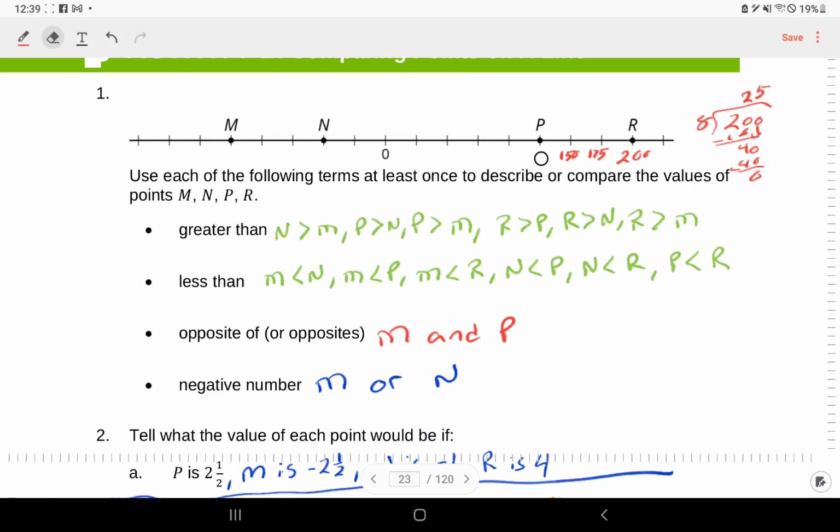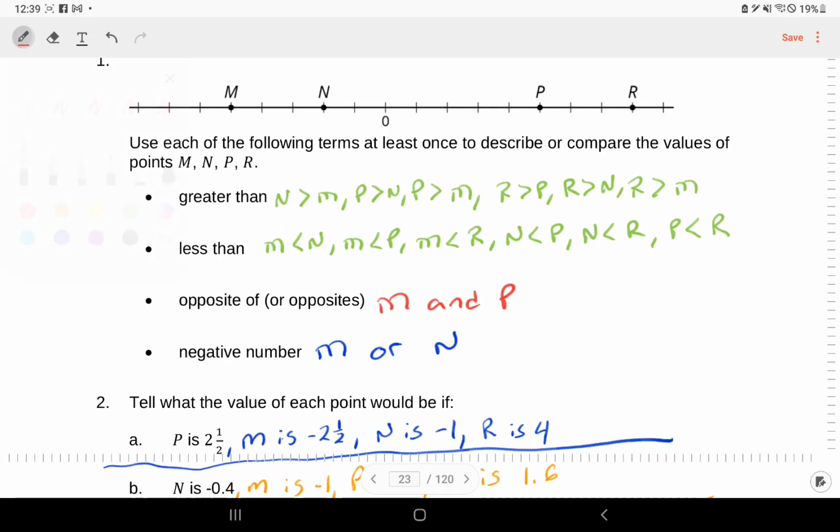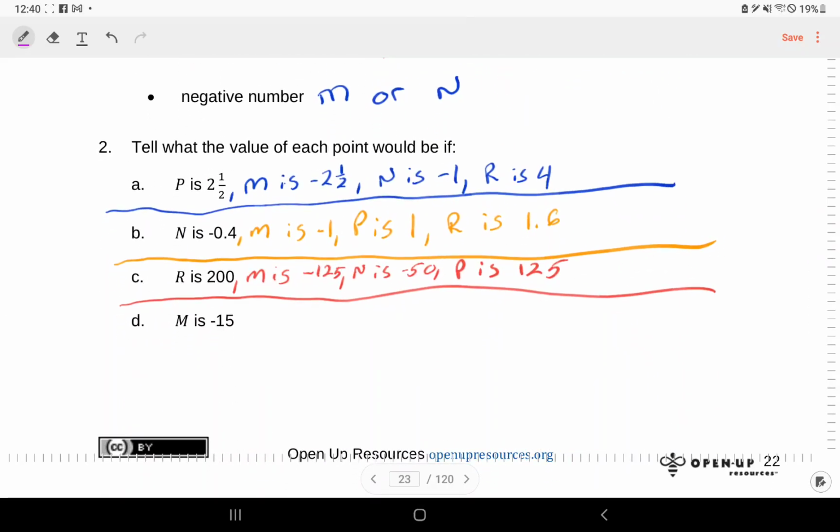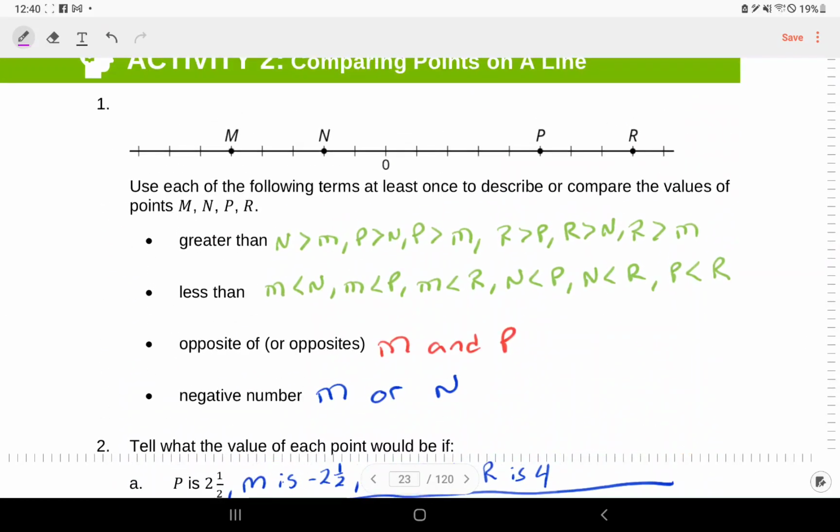Okay, so let's pick a color. Which one haven't I? Let's go with purple. And so M is negative 15. So that's 1, 2, 3, 4, 5. So 15 divided by 5 is 3. So that means each one is 3.